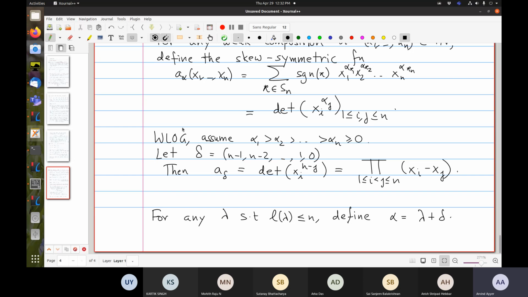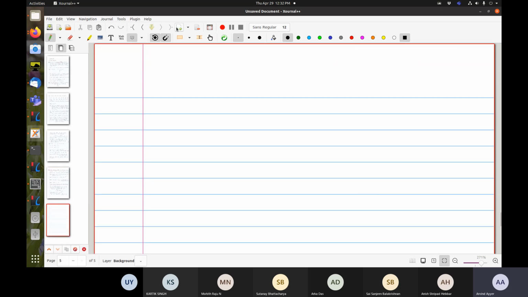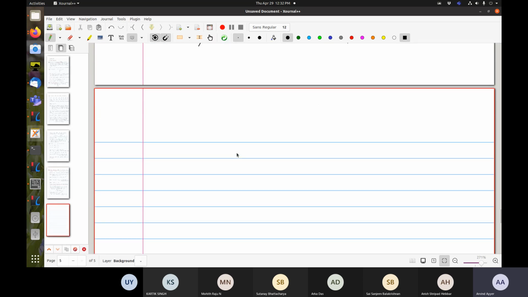And now I want to look at A alpha with this more general alpha. So if lambda were the empty partition, this would be A delta, but I can do something more general. So A alpha, which is A lambda plus delta, is a kind of generalized Vandermonde determinant.